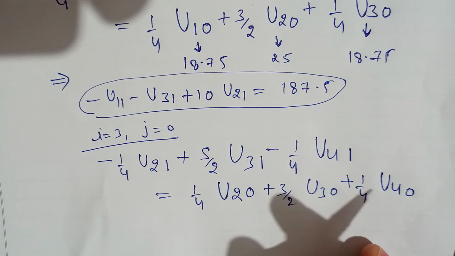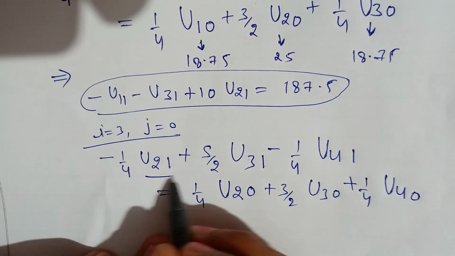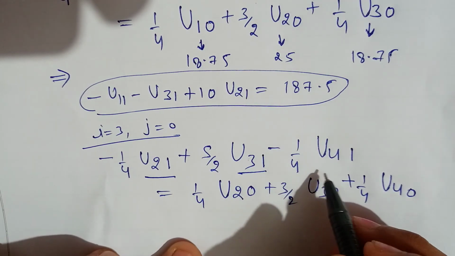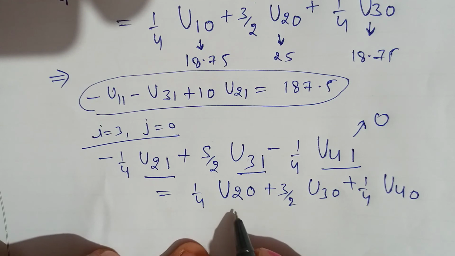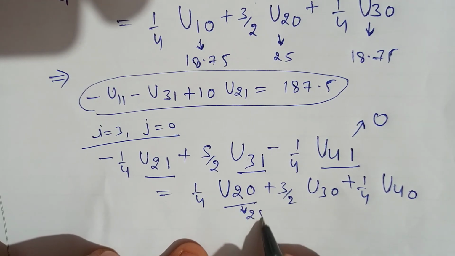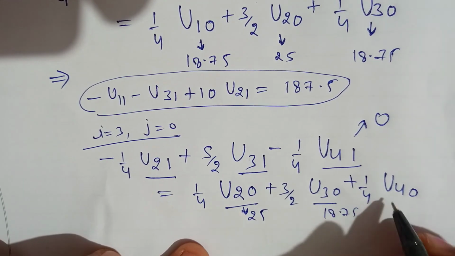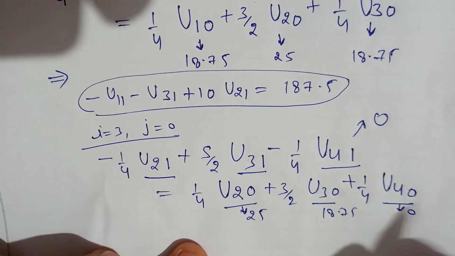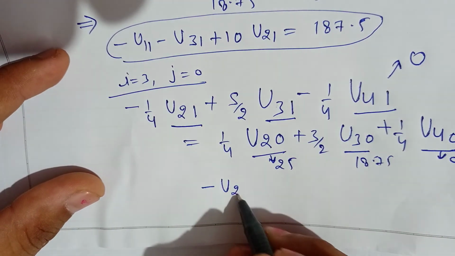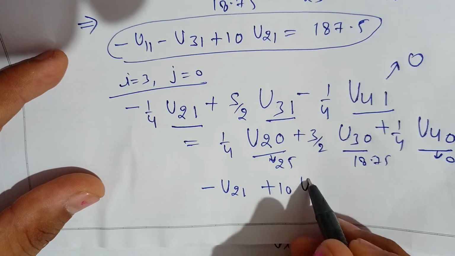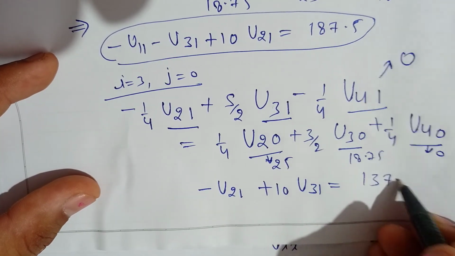And for the boundary conditions, u21 is unknown, u31 is unknown, u41 equal to 0 we know, and u20 equal to 25, u30 equal to 18.75, and u40 equal to 0. If we simplify, we get minus u21 plus 10 u31 equal to 137.5.